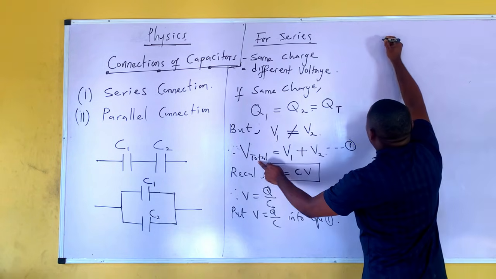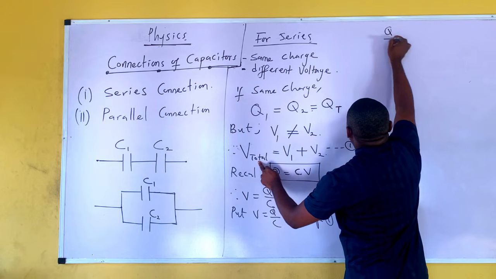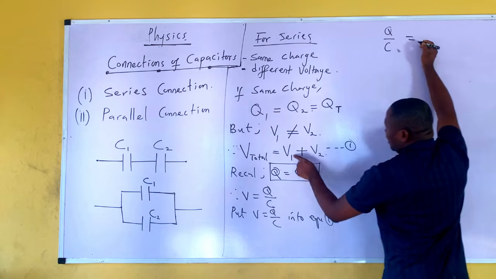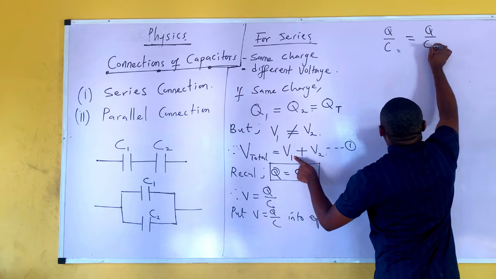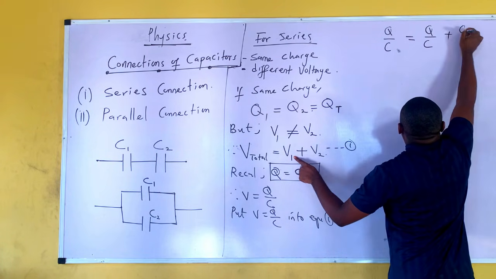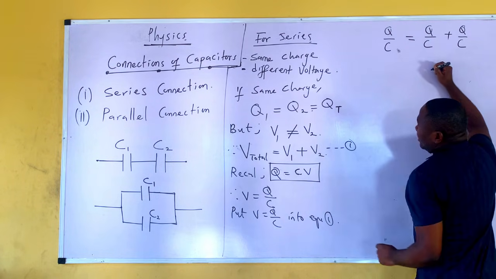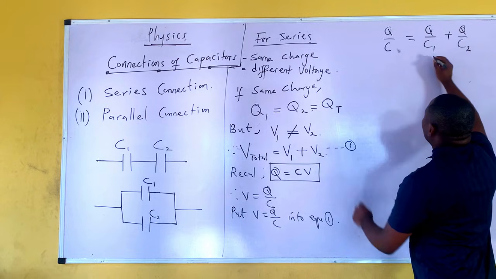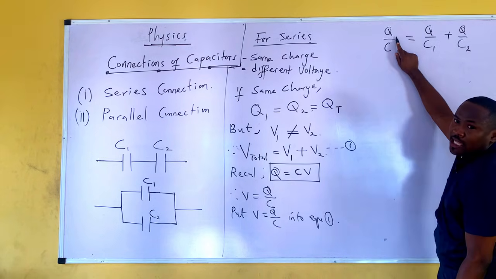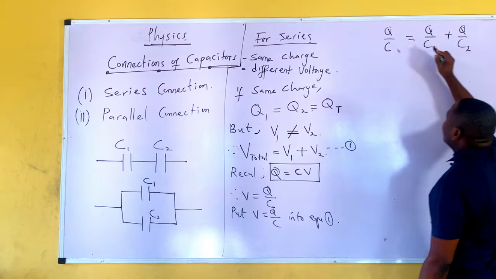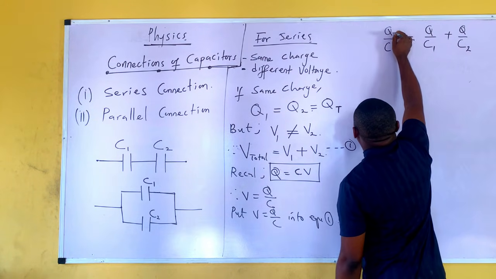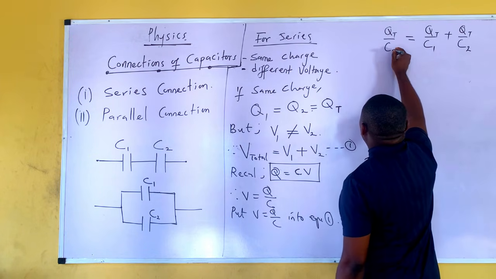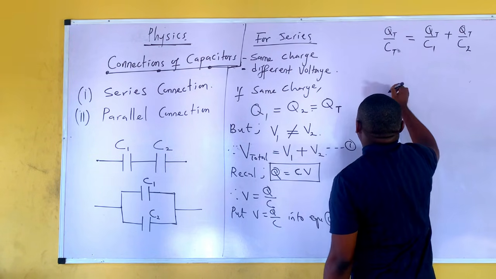So in place of V total, we'll be having Q over C, is equal to Q over C plus another Q over C. But mind you, this will be for 1, while this will be for 2. Now remember that the charge they have are all the same. So this will be Q total, and this will be C total.